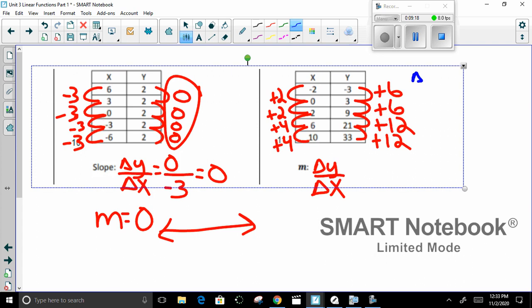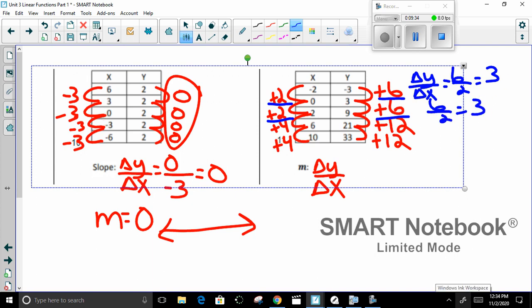What is the very first change in y over change in x? 6 divided by 2 equals 3. What's the second change in y over change in x? 6 divided by 2 equals 3. So far, the slope is the same for them. Let's check the next one. 12 divided by 4 equals 3. Well, look, I got the same slope.